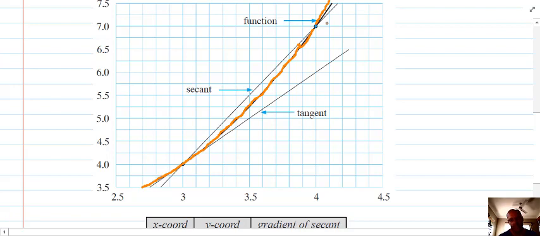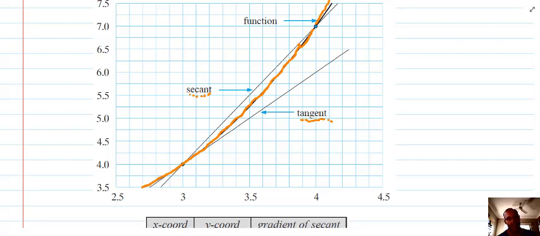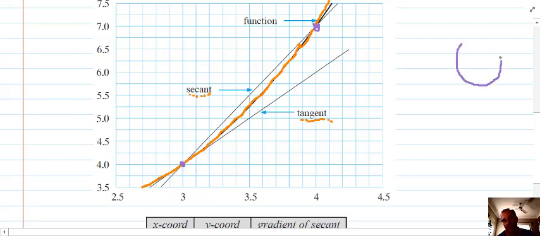We've got basically two other lines there. One's called a tangent and one's called a secant. Tangents and secants are straight lines. A secant cuts through a curve in two spots, just like a secant in a circle is an extension of a chord. You might remember with circular geometry, that's a chord.